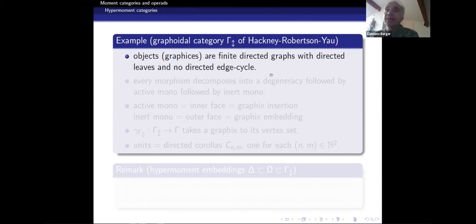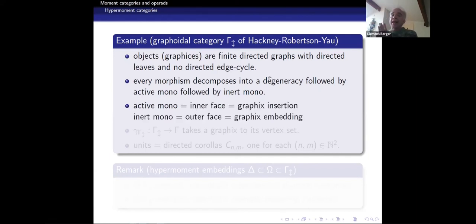And again, there is a triple factorization system: degeneracy, active mono, inert mono. And again, the active monomorphisms usually are called interface maps, and they correspond to inserting a graphic into the vertex of another graphic.